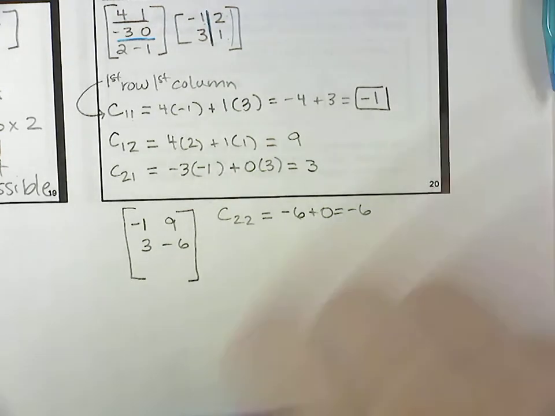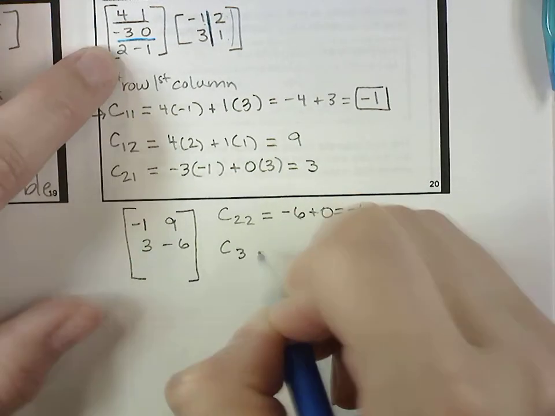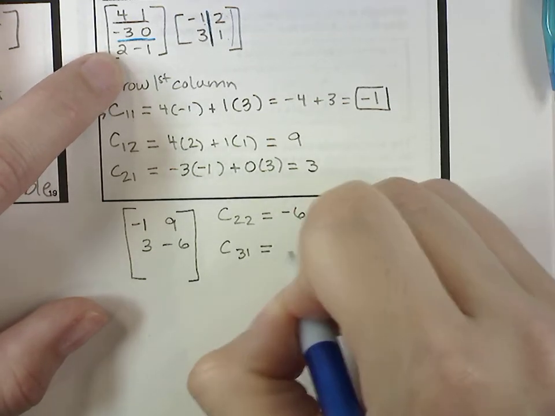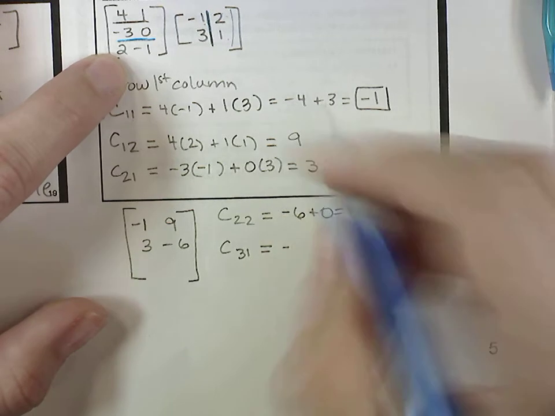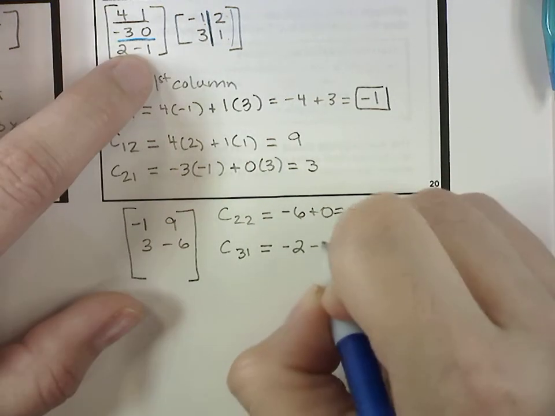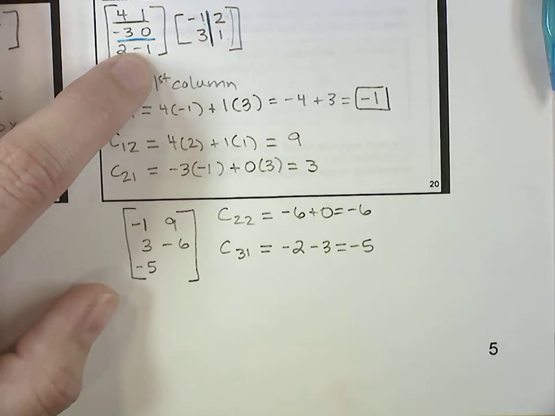Okay, and now we're gonna do the final row. So the third row, the first column. Okay, so 2 times negative 1 is negative 2, minus 3, so you should get negative 5.